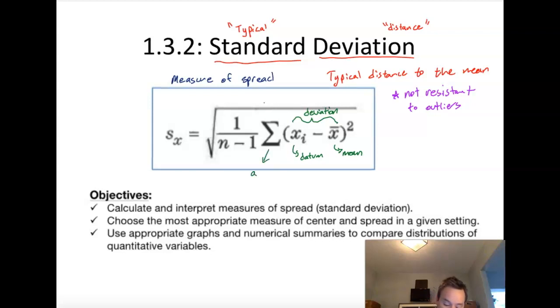Then once you do that for every piece of data in the set, you add all the squared deviations up. We then divide by your data size minus 1. And then we take the square root of it.